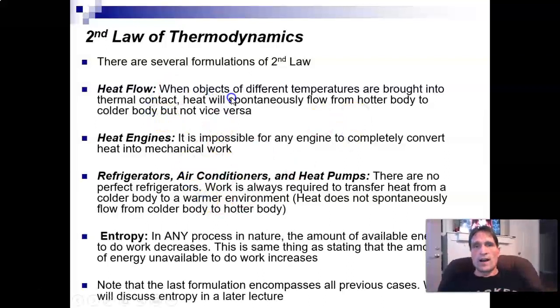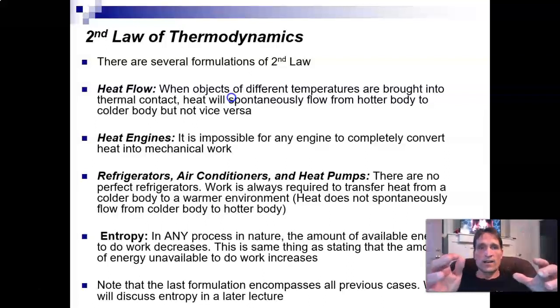If you have one body at a higher temperature and one body at a lower temperature, and you put them in thermal contact, heat will always flow from the hot body to the cold body spontaneously, but it won't spontaneously flow from the colder body to the hotter body. So that's one way of expressing it. Heat goes in one direction.